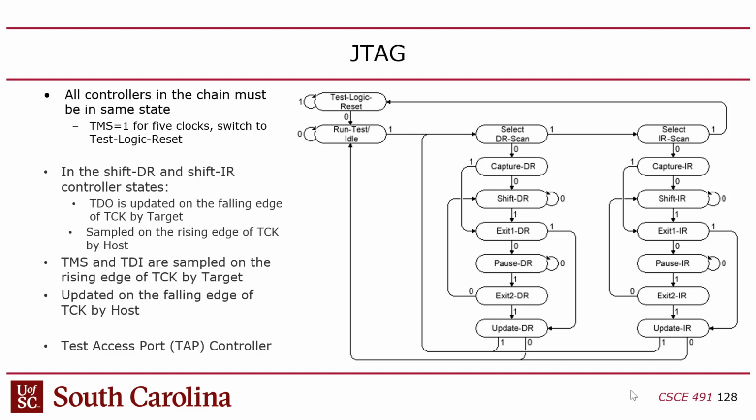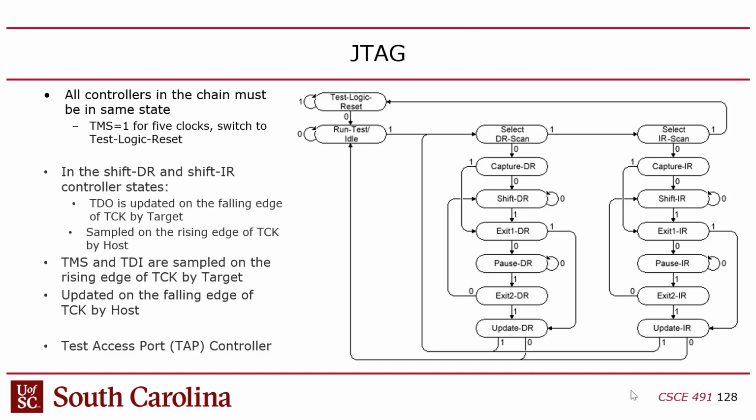The instruction register is equivalent to the SPI address or the I2C address. The advantage of this though is that the instruction register could be as long as you want it to be, right? Because once you get it into that state, you can have that instruction register be 1,000 bits. You just put it in there and then you start shifting bits in like crazy. And then when you're done doing that, use the test mode select to exit that state.